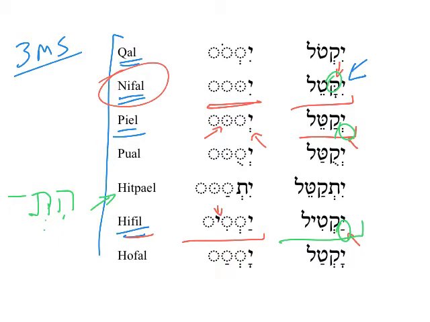Well, what you can see is that the he and tav got attached to the beginning of this, but so did the yod prefix pronoun. And what happens is the yod displaced the he because it's one of the Jonah letters. So now we have yitkatel. And again, this is sort of the suicidal form. He will kill himself.